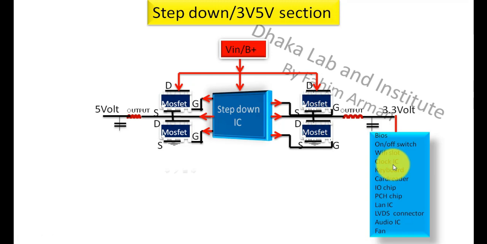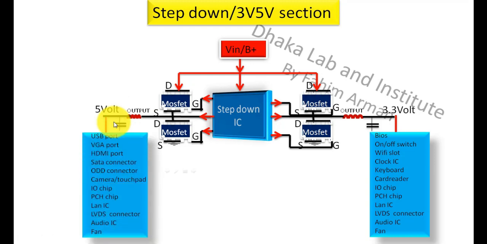and 3.3 volt will enter into these parts, and these parts will be activated. 5 volt will also enter into the USB port, VGA port, HDMI port, SATA connector, ODD connector, camera or touchpad, IO chip, PCH chip, LAN IC, LVDS connector, audio IC, fan.